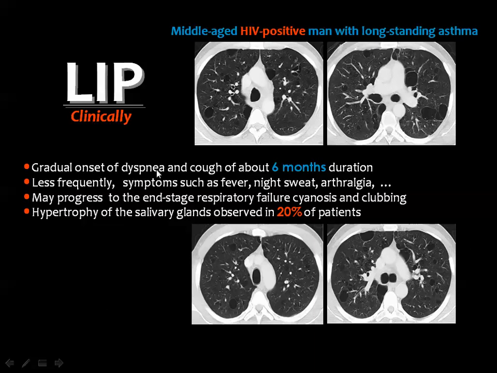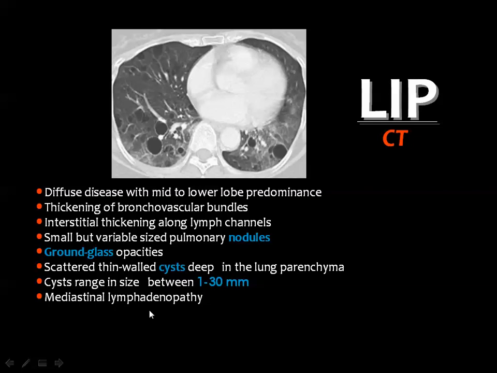And patients may complain of gradual onset of dyspnea and cough for about 6 months duration. Sometimes they complain of fever, night sweats, and arthralgia, and the disease may progress to respiratory failure. In about 20% of patients, you get affection of the salivary glands because Sjogren disease is a well-known disease that affects the salivary glands and lacrimal glands as well.